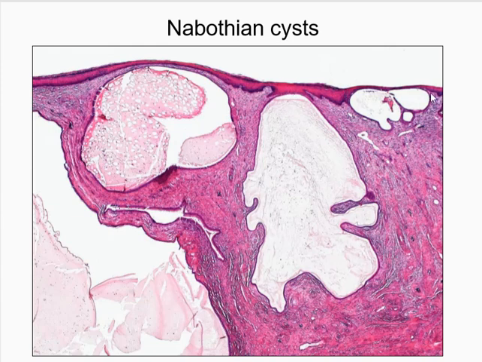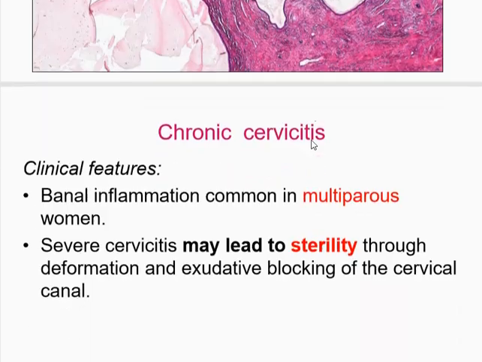So there is widespread squamous metaplasia, which is one thing associated with chronic cervicitis. You see the chronic inflammatory cells, blue here, associated with this condition, chronic cervicitis, and these are the Nabothian cysts or follicles, these cystically dilated glands.